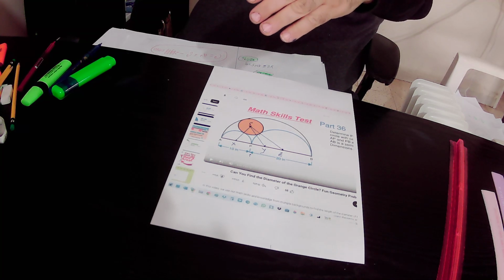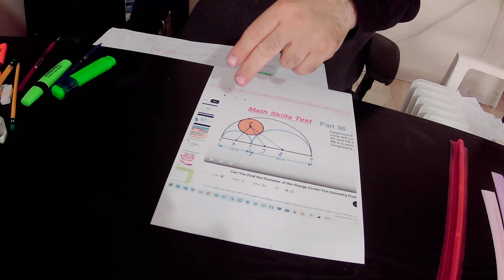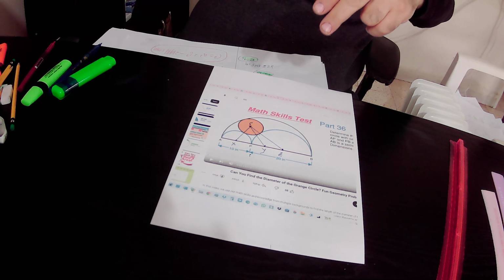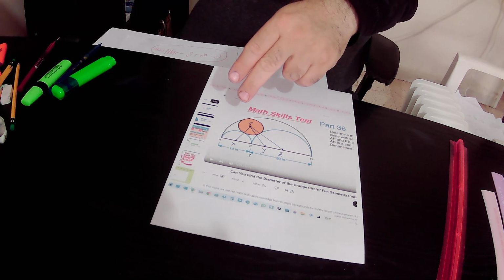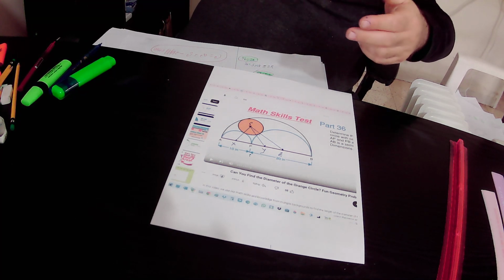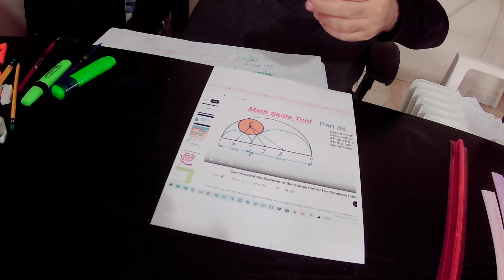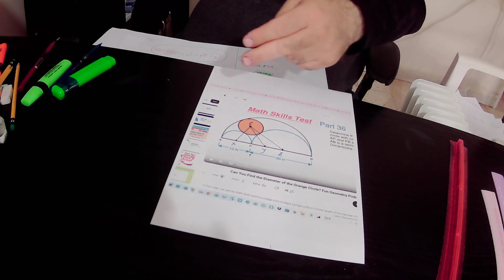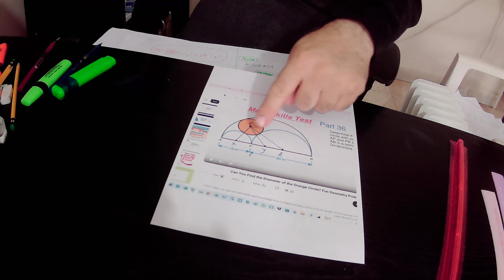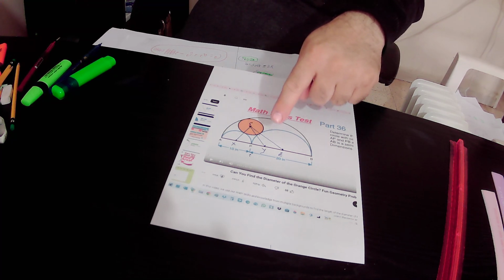So the radius of the biggest semicircle is 15, the radius of the smallest circle is 5, and the difference between the two radii is 15 minus 5, that is 10. So we found out that xy equals to 10 units.